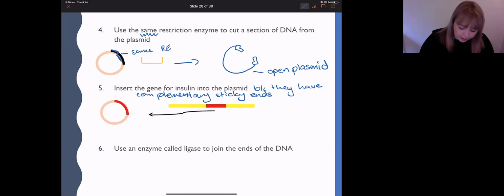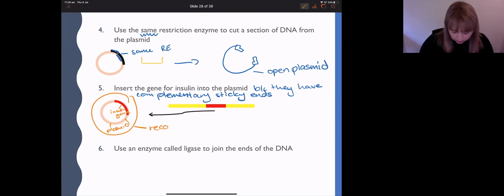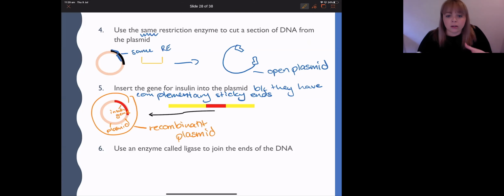Now, this is that first word that we're going to come across. So this guy here that has the insulin gene in the plasmid, this is called a recombinant plasmid, because what it has got is it's recombined.